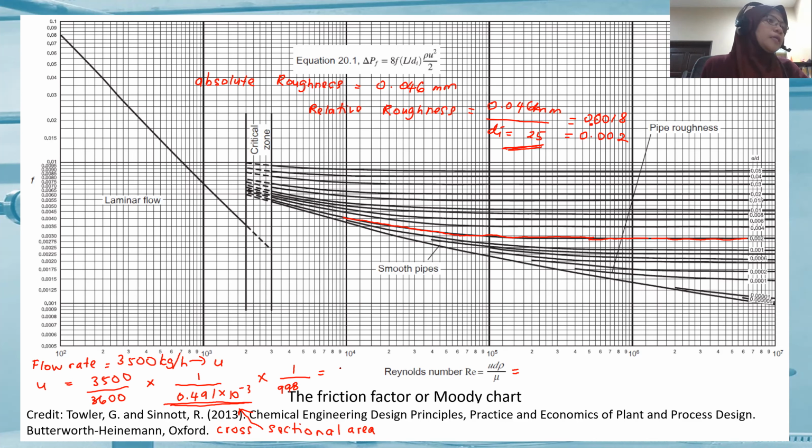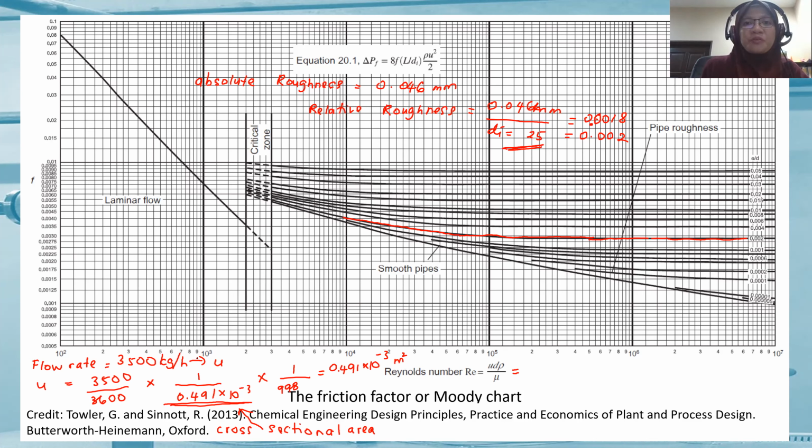Later you will get 0.49 times 10 to the power of minus 3 meter square.